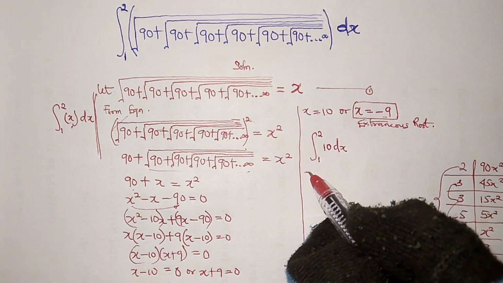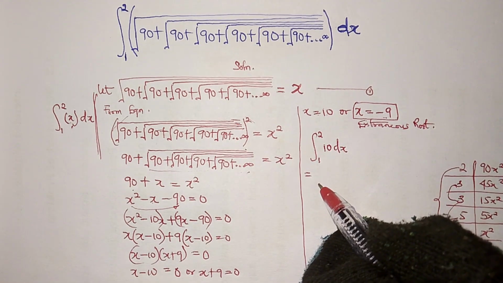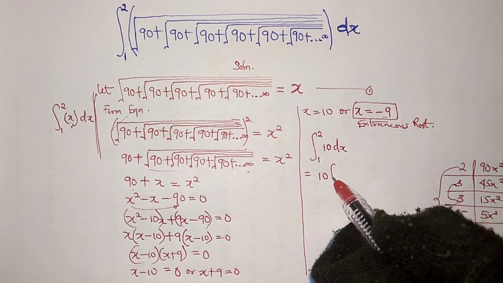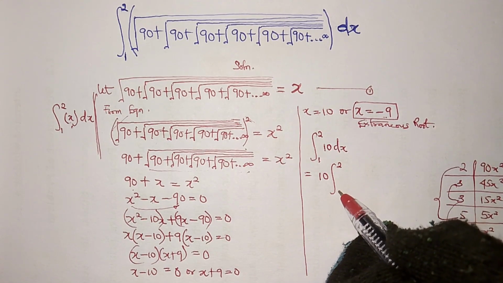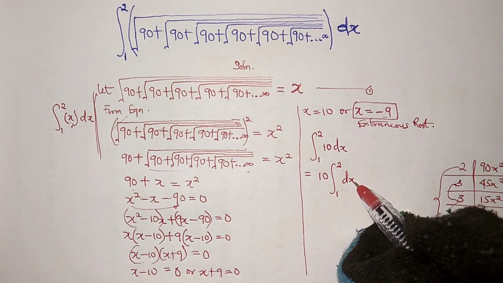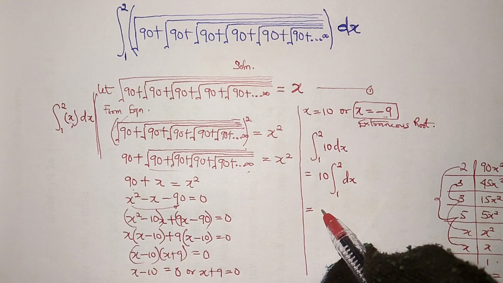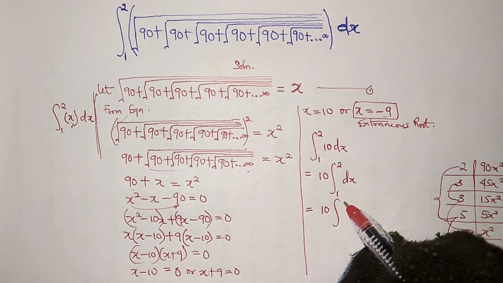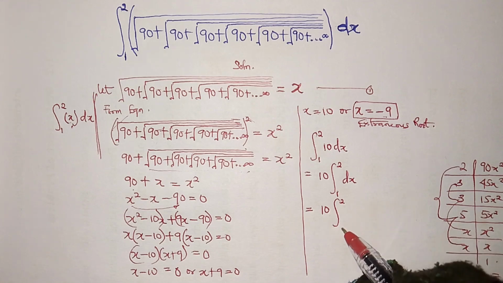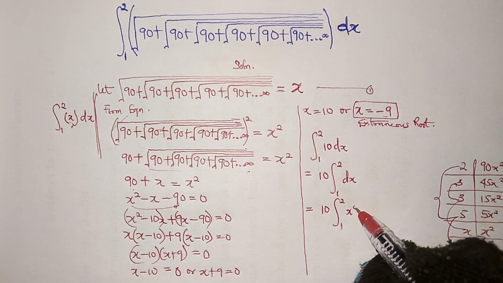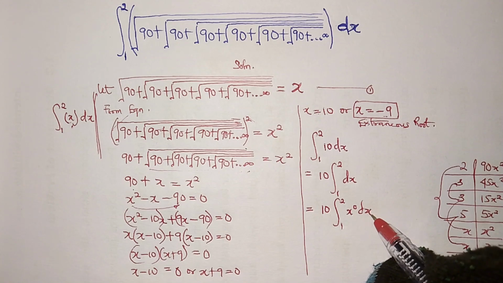From the knowledge of integration, we have 10 times the integral from 1 to 2 of dx, and this becomes 10 times the integral from 1 to 2 of x raised to the power of 0 dx.